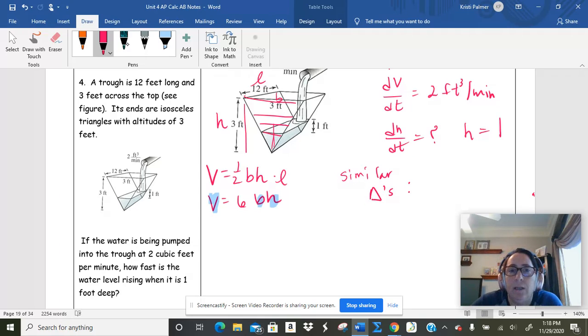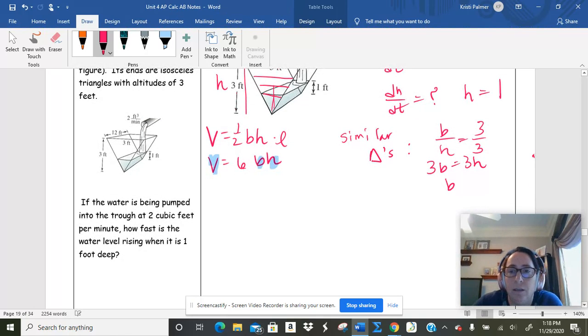So I can see here that I would have my base is to height as 3 is to 3. Cross multiply. And this one's kind of nice because B is just H.